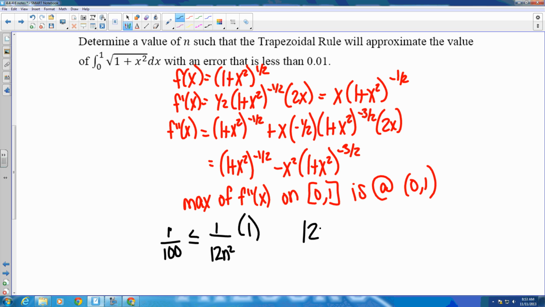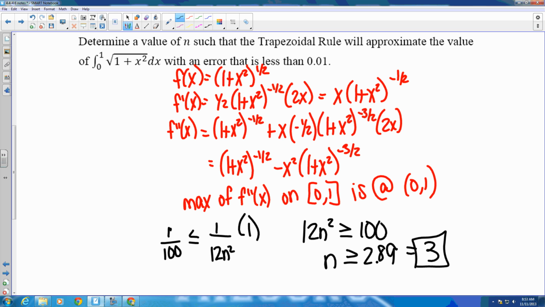Cross multiply here, 12n squared is greater than or equal to 100, and n is greater than or equal to about 2.89, which we will call 3. So we have to have at least 3 subintervals to be within 1/100th for the error. Right, so that's actually all we have in the trapezoidal rule. We just have doing the trapezoidal rule itself and then finding the error. And that is all for chapter 4.